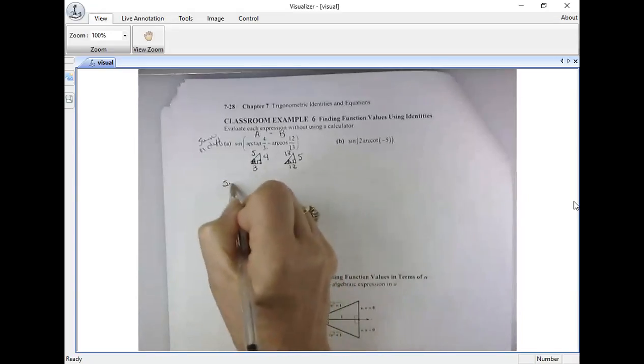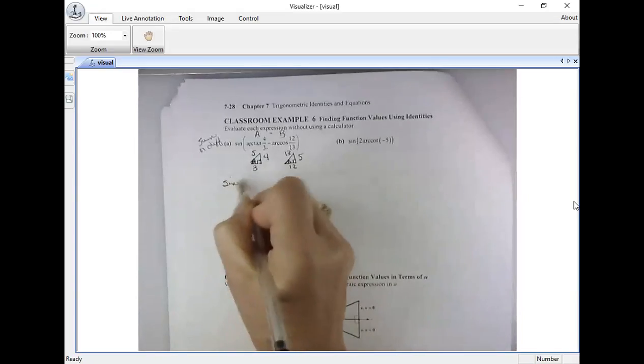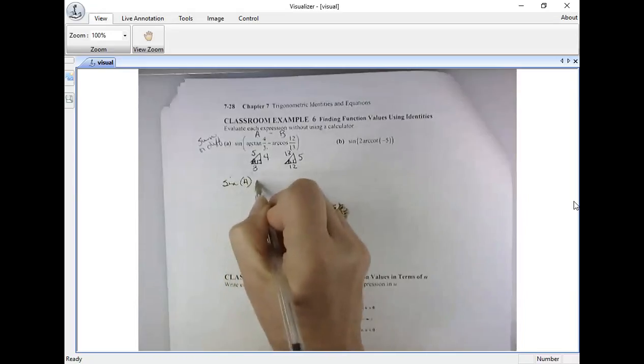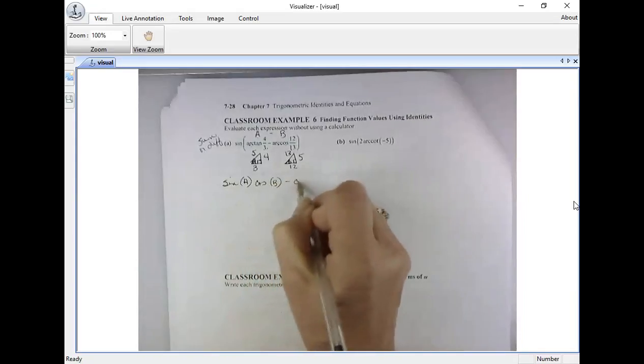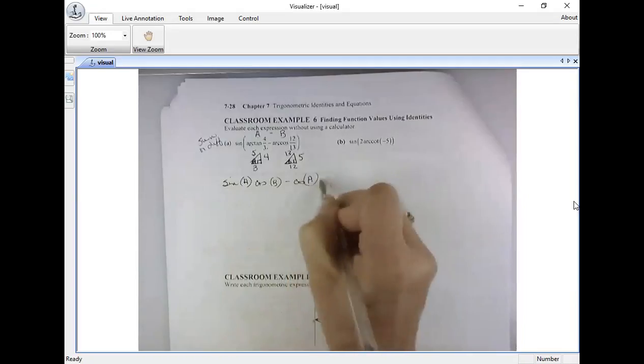I'm going to get the sine of A times the cosine of B minus the cosine of A times the sine of B.